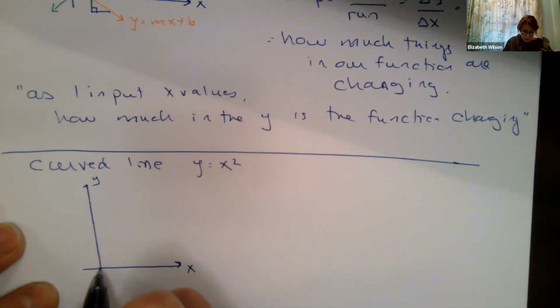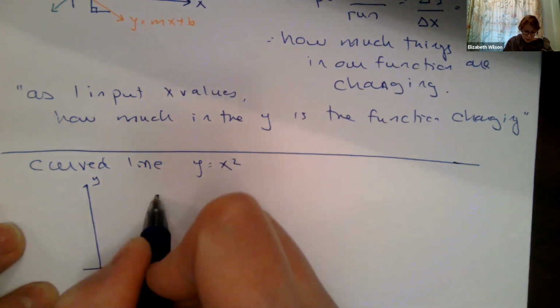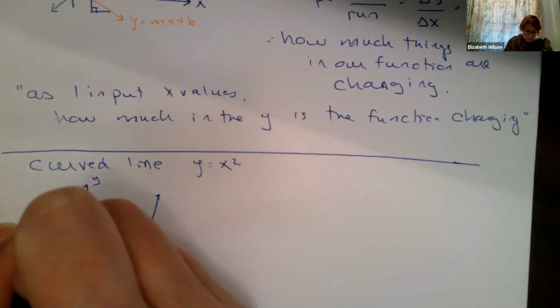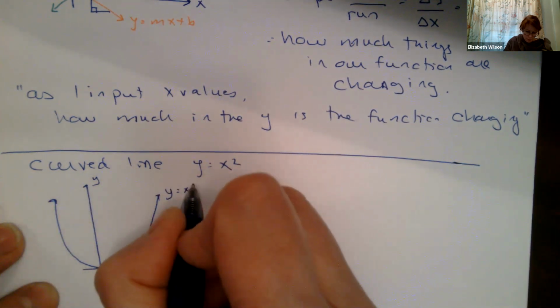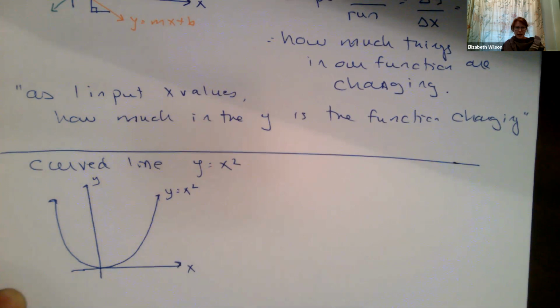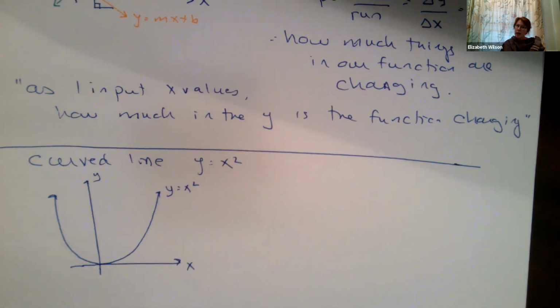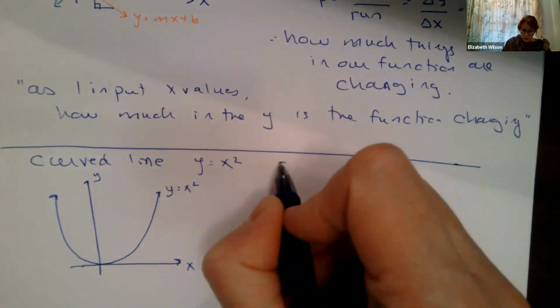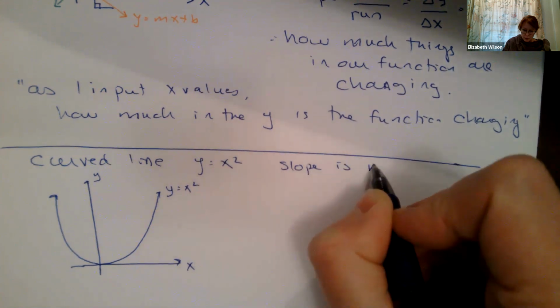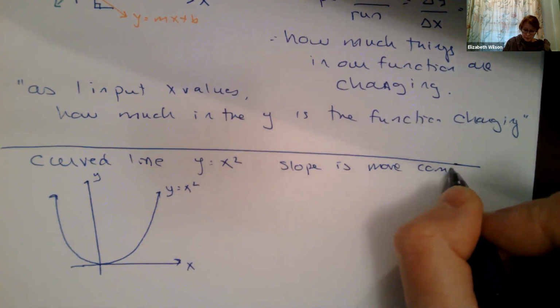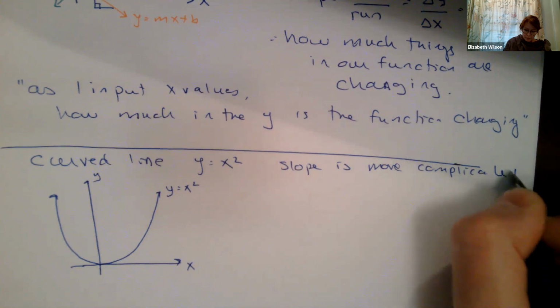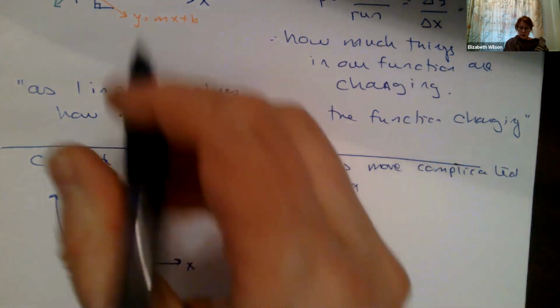So let's do our parabola, y equals x squared. Right, so here's our axis, and now I say, what's the slope? Well, now it gets more complicated. So the slope is a more complicated idea. I can't just pull it out of the equation.